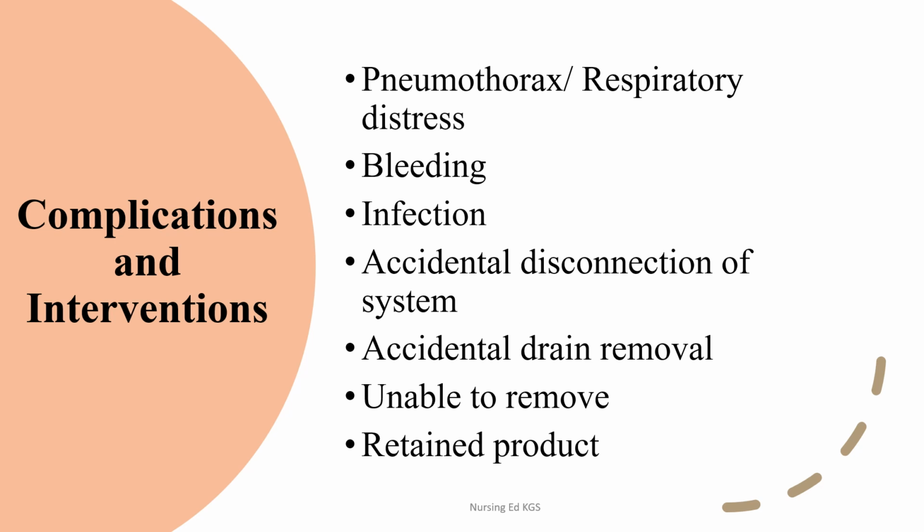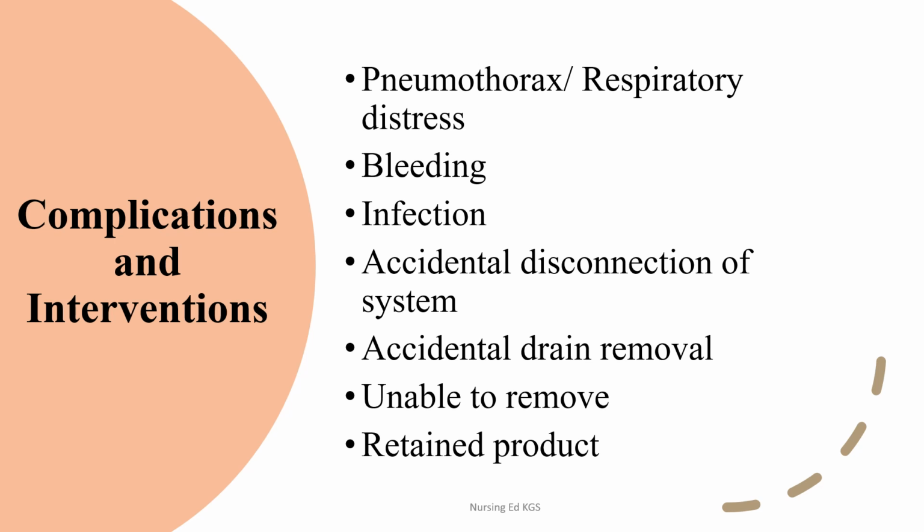They may order an urgent or stat chest x-ray, and you'll also prepare for either insertion of a chest tube or repositioning of the existing chest tube. You'll also ensure that you're checking your drain system to ensure that there are no leaks, blockages, kinks, or clamps.